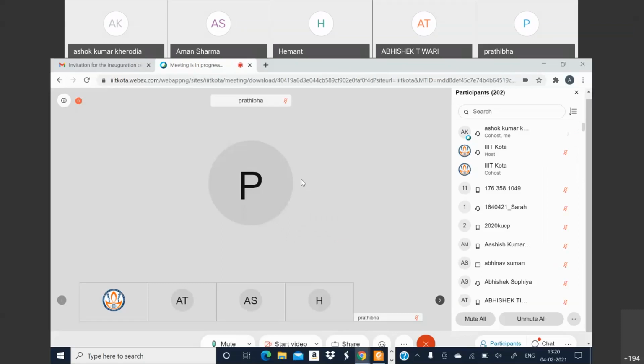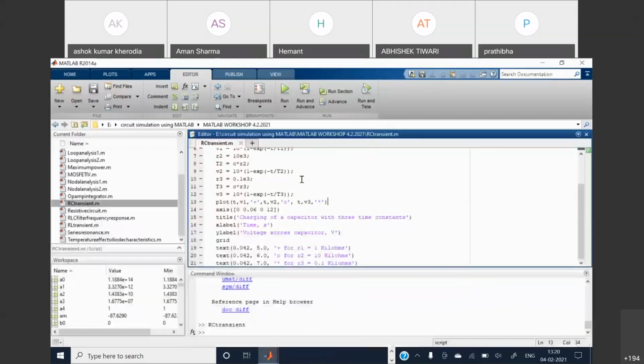What is time constant? RC. What is rise time? Time constant is when the voltage becomes 37% of the initial voltage. There is noise from the background, you are not audible, please mute yourself.